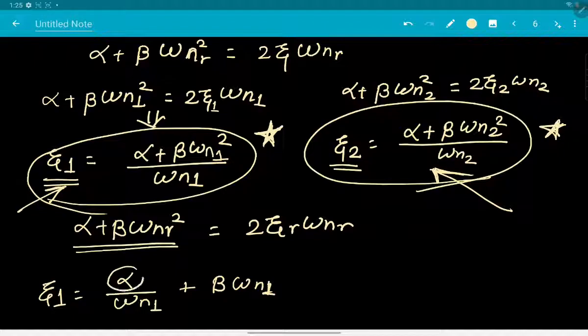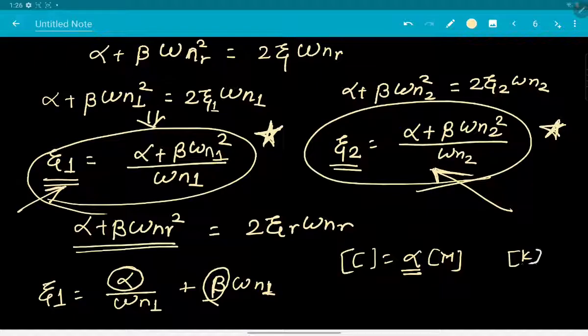Alpha is the proportionality constant of the mass matrix, beta is the proportionality constant of the stiffness matrix. That is, in C, how much of M is there is taken care of by alpha, and how much of K is contributing in C is taken care of by this term beta.